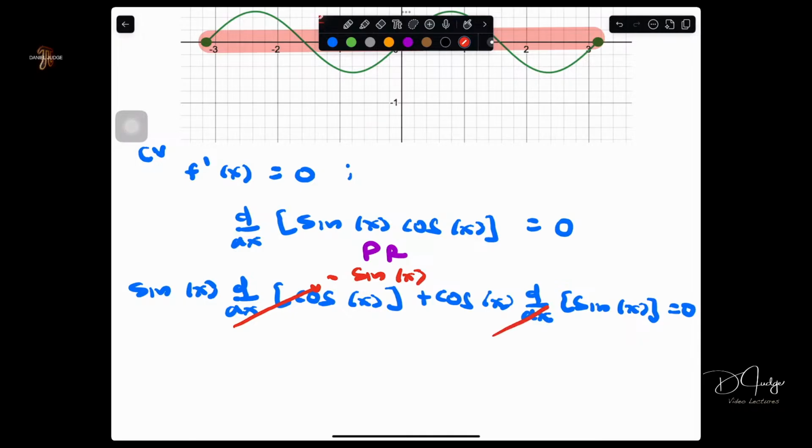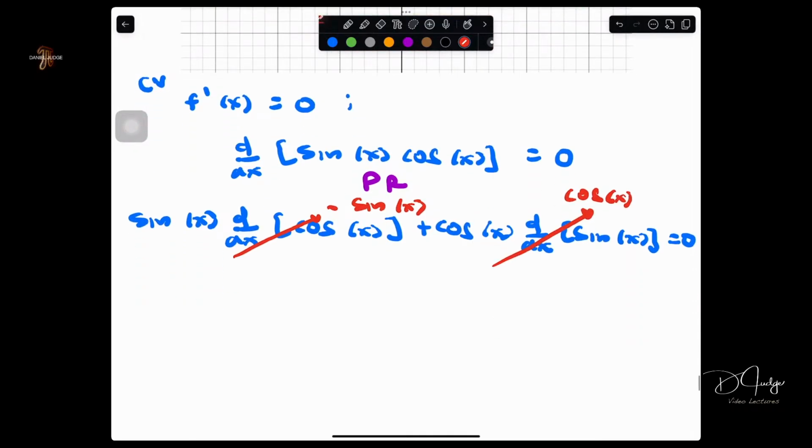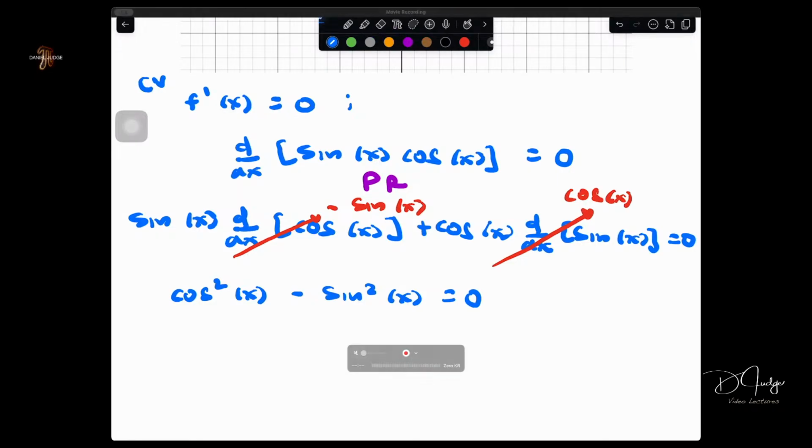The derivative of sine is cosine. So I like starting my terms with a positive value. So now we got the following equation here.